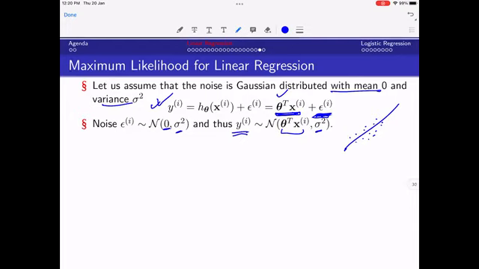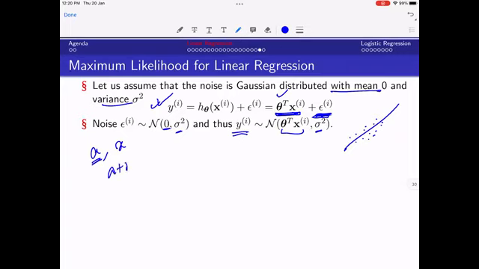Deepak, yeah. Hello. Yes, sir. Sir, I don't understand why this sigma square remains the same for the yi. Yeah, this is a standard result from Gaussian random variables. If you have a linear Gaussian model, suppose your variable is a and your Gaussian random variable is x, then a is a deterministic quantity, right?